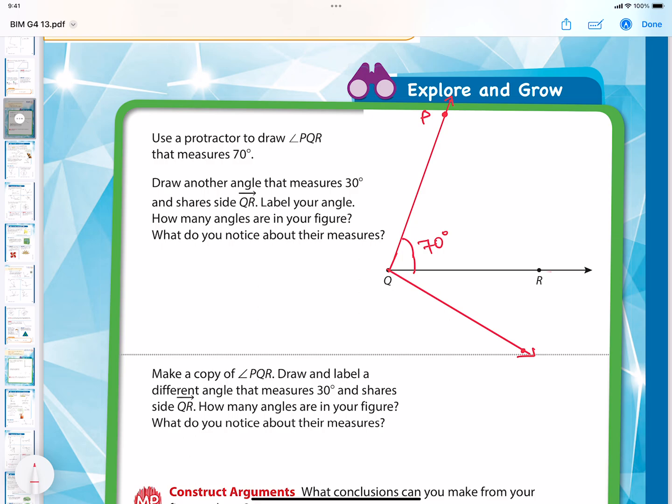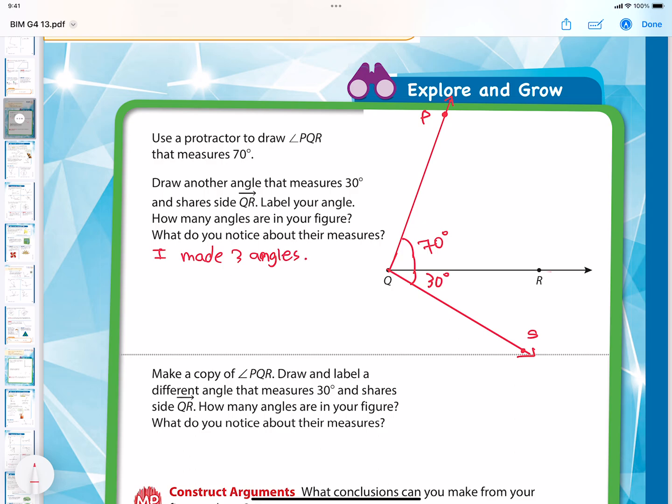And I am going to label my angle as S. That's going to be 30 degrees here, and it shares the ray. So what do you notice about this measure? I made 3 angles.